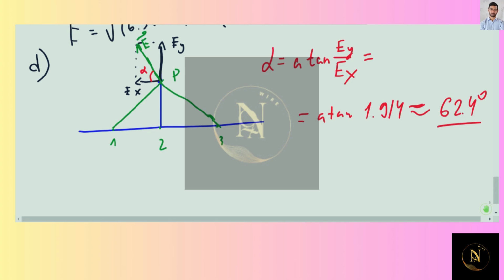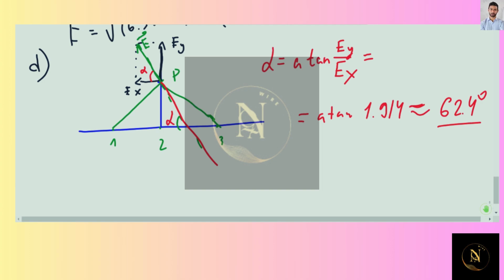So it means that this vector is located at about 62 degrees with respect to the line which connects points 1, 2, and 3. So this angle is here. And basically the total electric field at point P is directed to the top left corner of the screen.